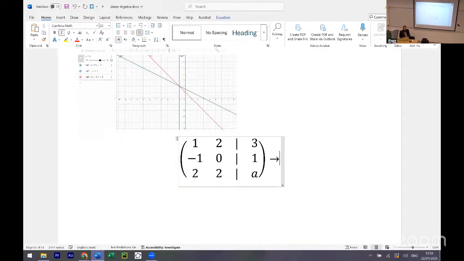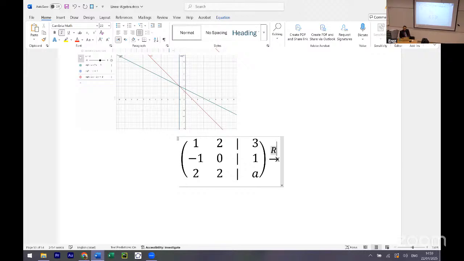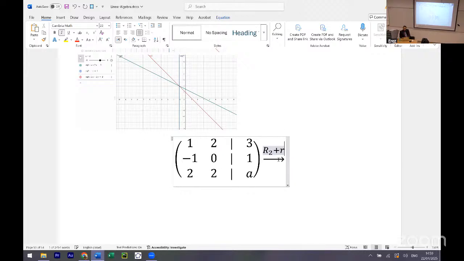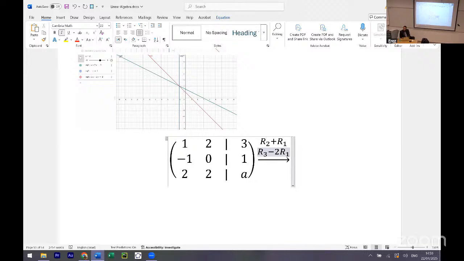First thing, we wish to cancel the first column. So our first operation will be R2 plus R1. And the second operation is R3 minus 2 times R1.